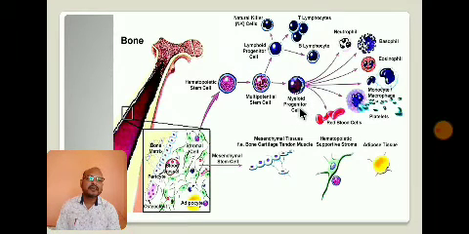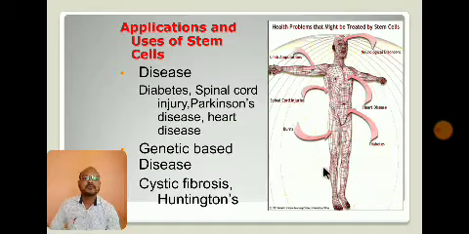On the other hand, the myeloid progenitor cells again differentiate into the neutrophil, basophil, eosinophils, monocytes, macrophages, platelets, and red blood corpuscles. And on the other hand, the mesenchymal stem cells give the mesenchymal tissues, that is bone, cartilage, tendon, muscles, hematopoietic supportive stroma, adipose tissues.